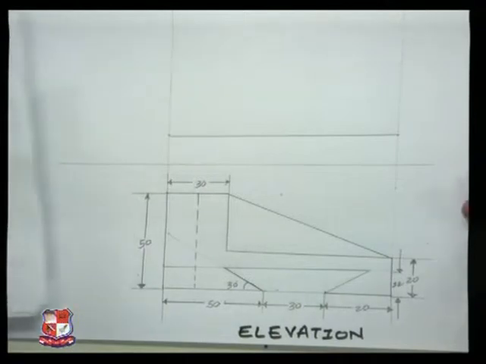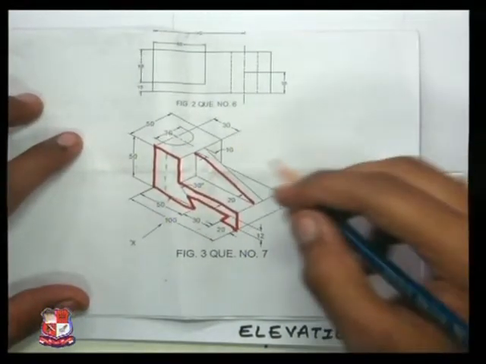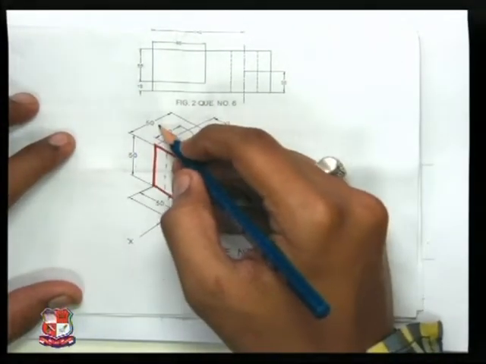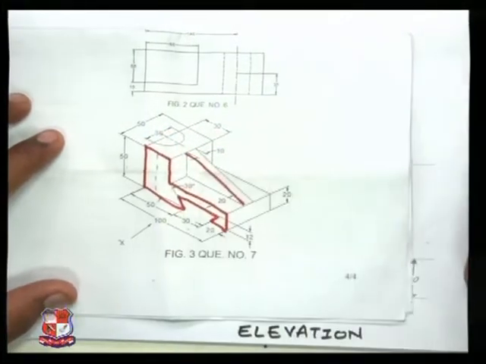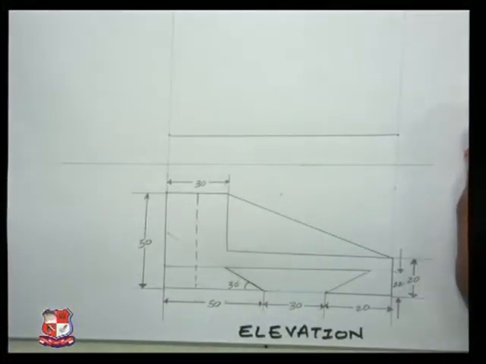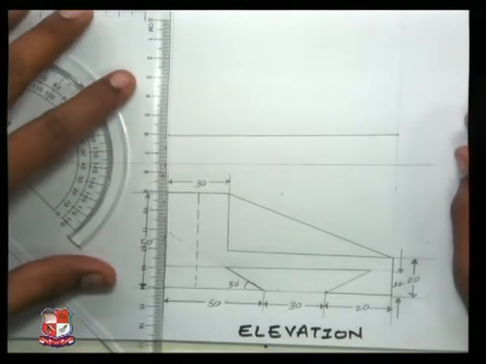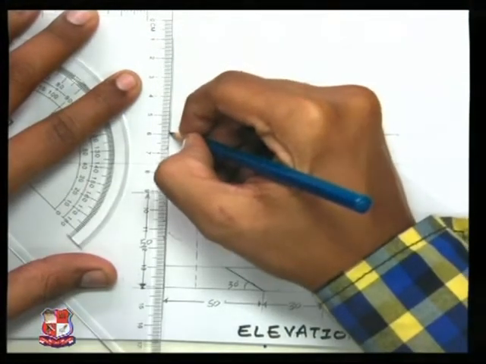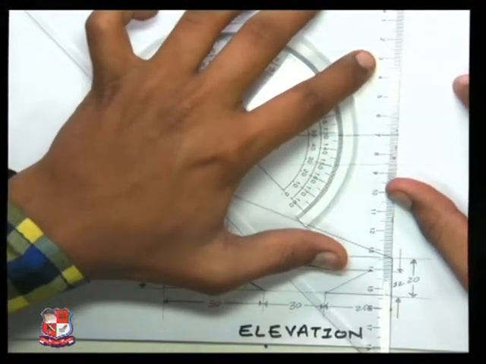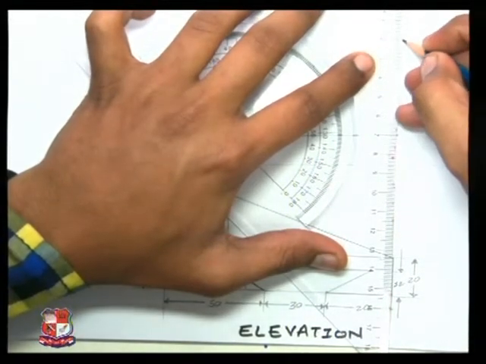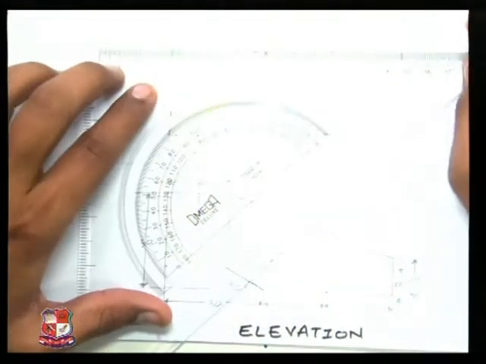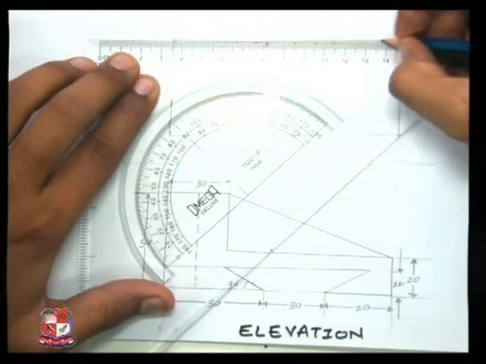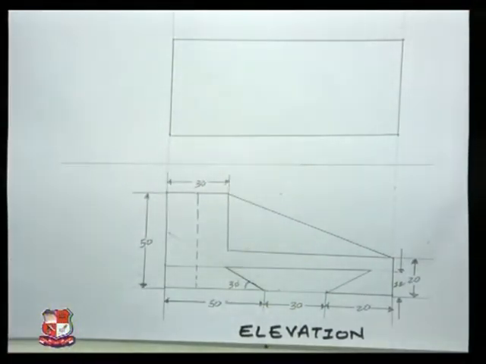Now we have achieved this 100 mm, but the other portion is of 50 mm. So we will draw a 50 mm vertical line.